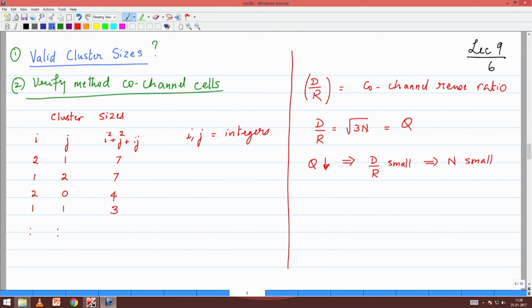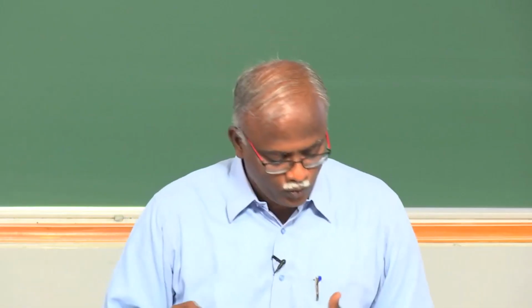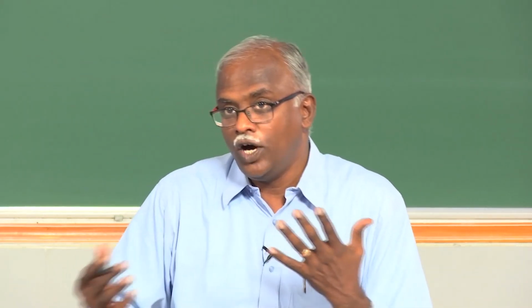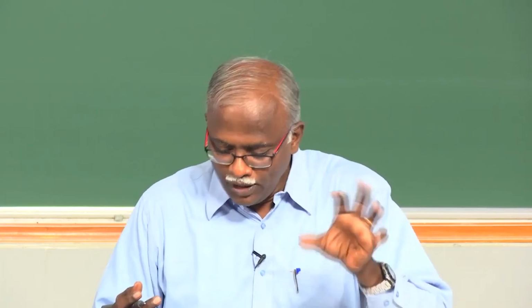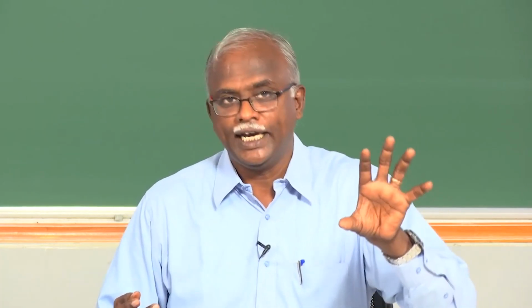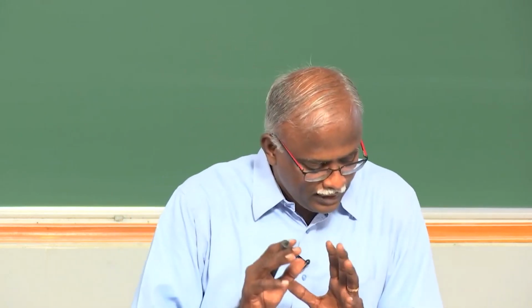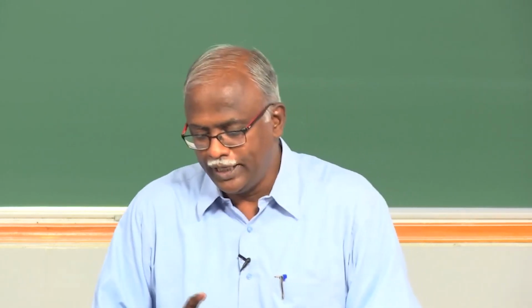So the price that you will pay is that C over I will be low. But the good thing about this is that capacity will be high. So the trade-off between capacity and quality comes up. The key question would be: what is the smallest Q with which I can work so that I can achieve the target C over I? That's going to be a very, very important element.